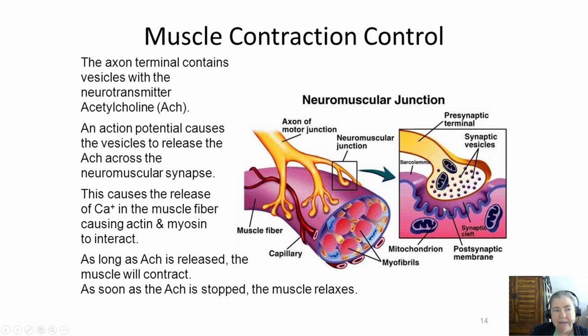So just briefly, this is how muscles work. The axon terminal of a motor neuron has within it a lot of synaptic vesicles that are full of a neurotransmitter called acetylcholine.